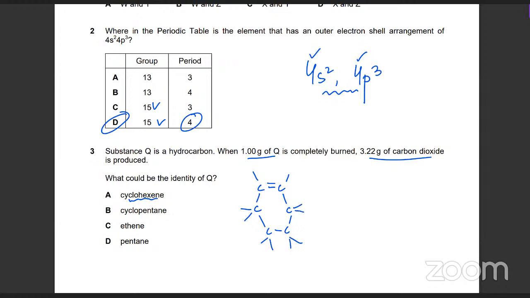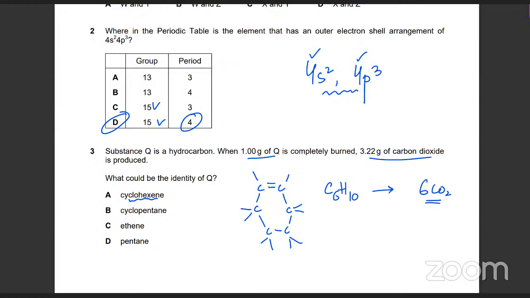So the formula is going to be what? C6. And H is 1, 2, 3, 4, 5, 6, 7, 8, 9, 10. So C6H10. Now, when you burn C6H10, how many carbon dioxides will be produced? 6 carbons, so it's going to produce 6 carbon dioxides, right? Is that clear? Yes, sir.